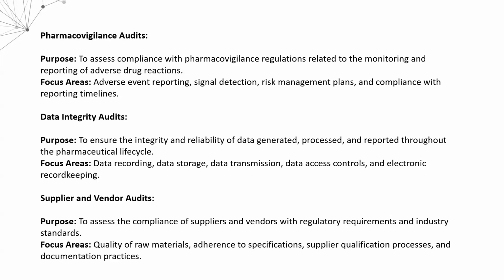When it comes to supplier and vendor audits, it is to assess the compliance of suppliers and vendors with the regulatory requirements and industry standards. Normally, any material which is sourced to the pharmaceutical industry, the vendor or supplier will be given a risk grade.